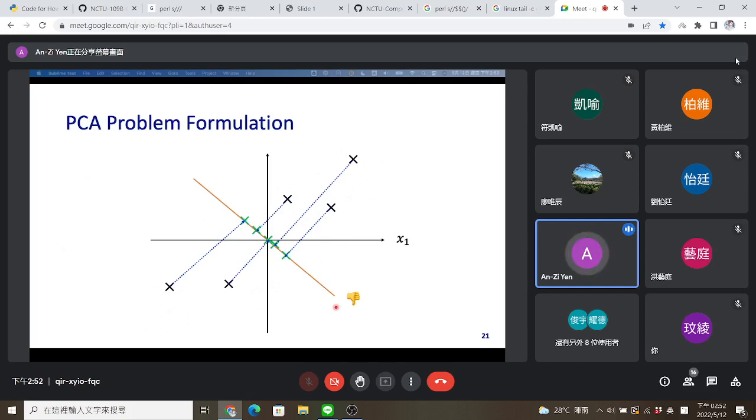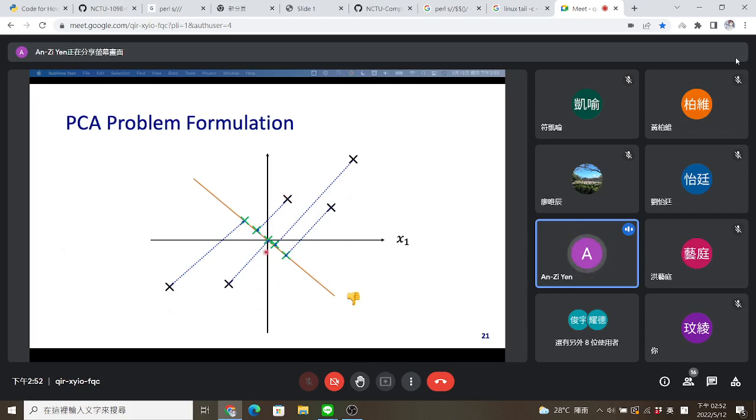If we project our data onto this line, we can also get a set of points like this, but the projection error, the blue line, will be huge.